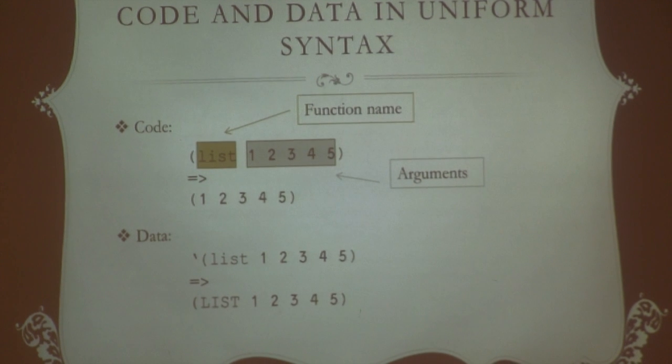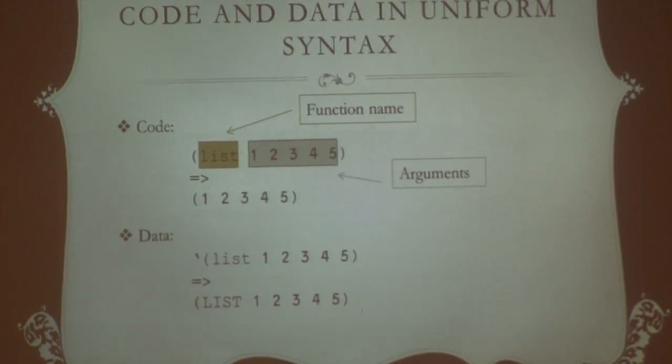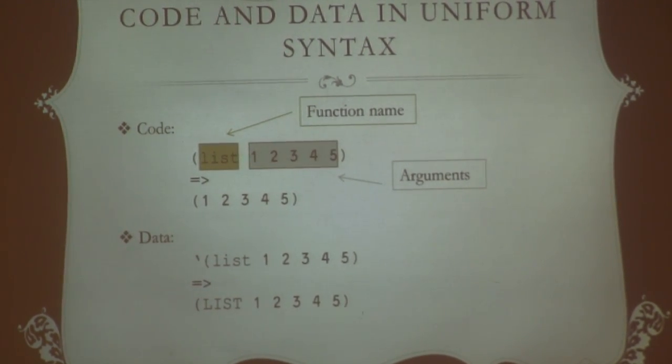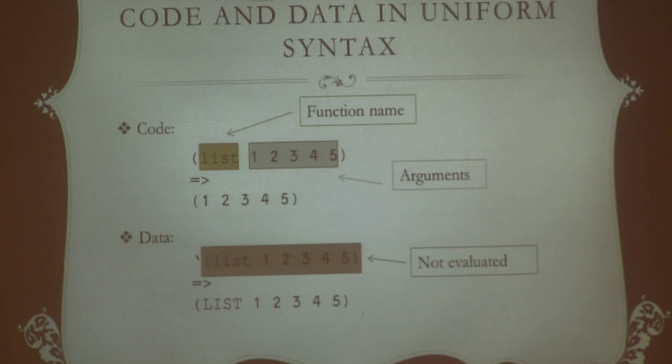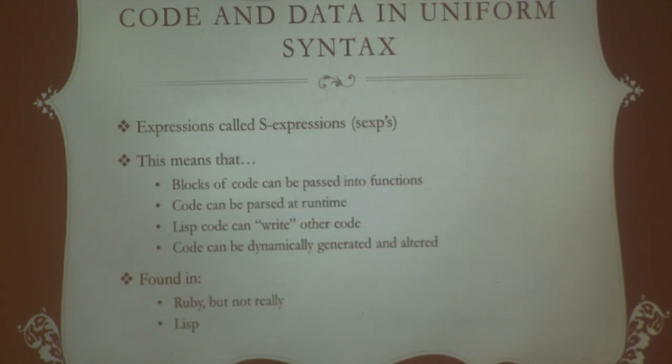We're executing something, we have a function name, and we have its arguments. The first element in the list, we call it a function, and we execute it. If we put a quote in front, it's not evaluated, and it turns into a list containing the word list, 1, 2, 3, 4, and 5. That's all you need to know about Lisp syntax. And these expressions are called S expressions, or SEXPs.